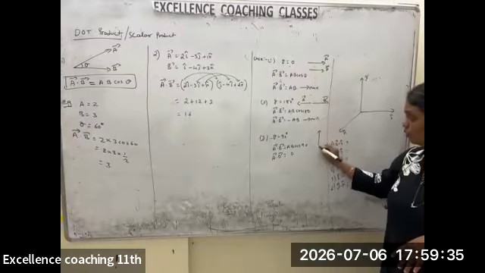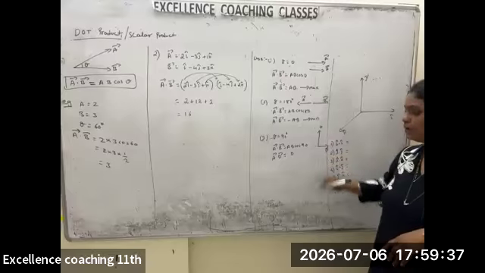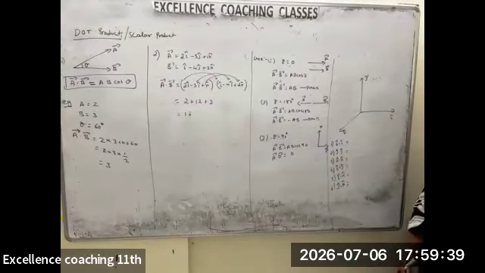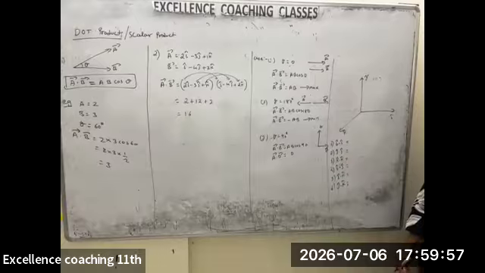And when it is 90, when your vector A and B are perpendicular to each other. So always remember, dot product of two vectors will be 0 when they are perpendicular to each other. Dot product of two vectors will be maximum when they are going in same direction.